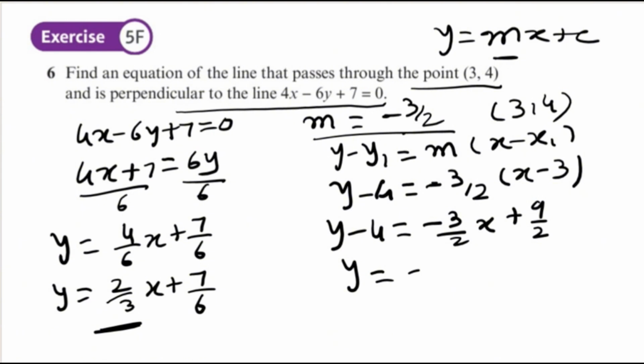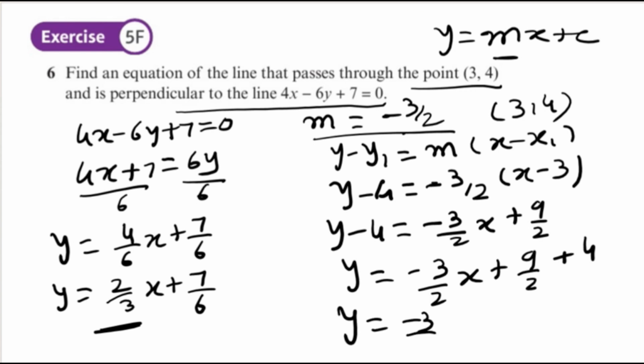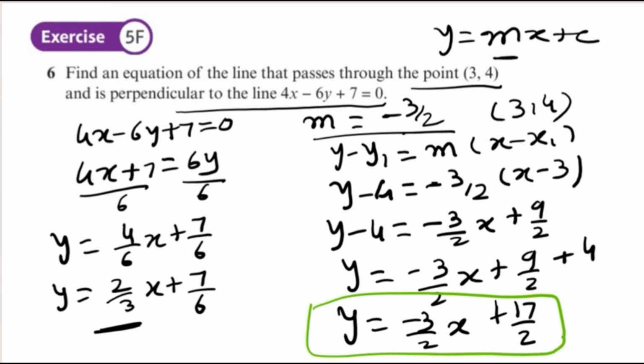So y is equal to minus 3 over 2 x plus 9 over 2 plus 4. I am moving the minus 4 to this side. So 9 over 2 plus 4 will give us 17 over 2. So this is the equation of the line which is perpendicular to this line.